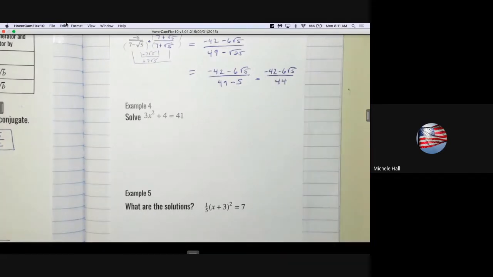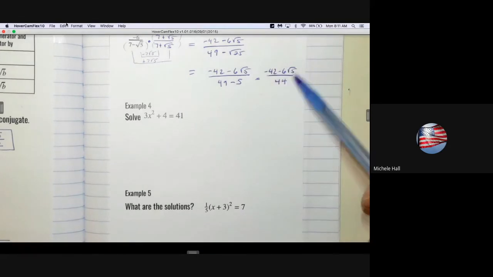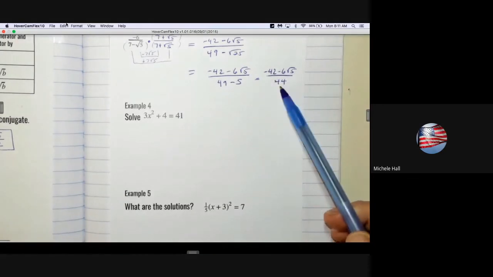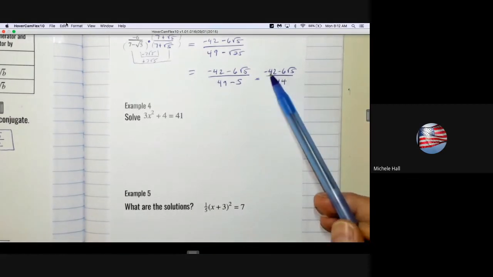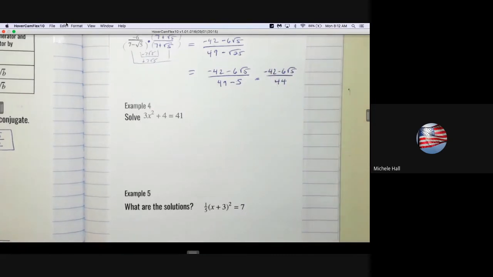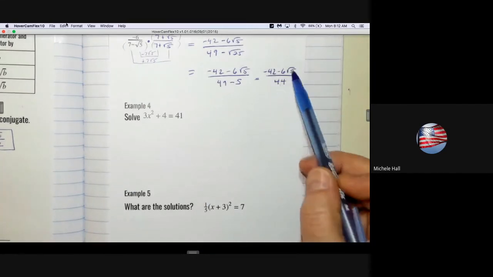Are we finished? I have 3 terms, 1, 2, 3. Can it be reduced? Notice that you have all even numbers here. I can at least divide by 2 on all 3 terms. If you're going to reduce, you've got to be able to do it to all the terms that are there. I have 1 term, 2 terms, 3 terms, a total of 3.